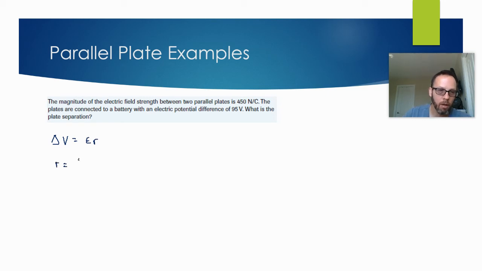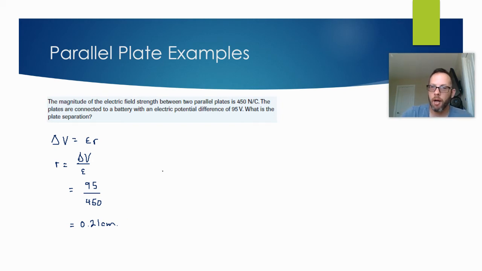That's R. So delta V divided by epsilon. 95 divided by 450. So again, we're in newtons, we're in coulombs, volts is joules per coulomb. And so we know with SI units, everything's going to pop out. And well, at least in this case, finding R, it's going to pop out in meters. And so we get about 0.21 meters, so 21 centimeters.